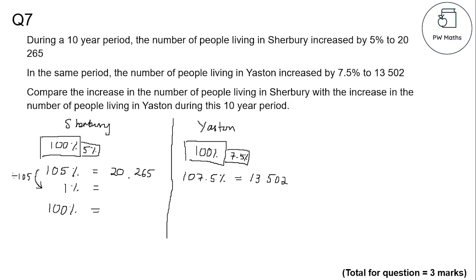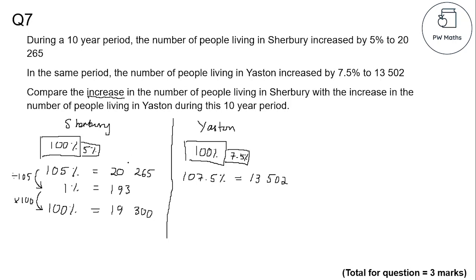So we'll do 20,265 divide 105, and that tells me 193. But I don't want 1%, I want 100%. So I'll times by 100. 19,300. I still can't answer that question just yet.